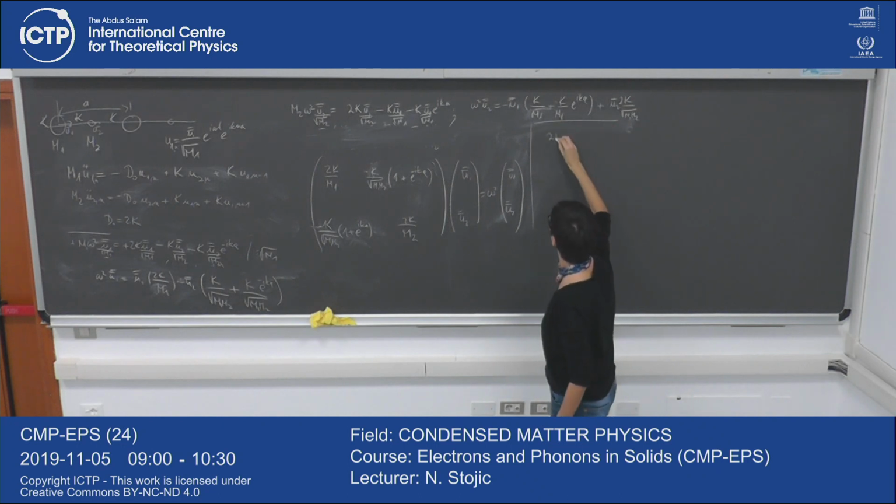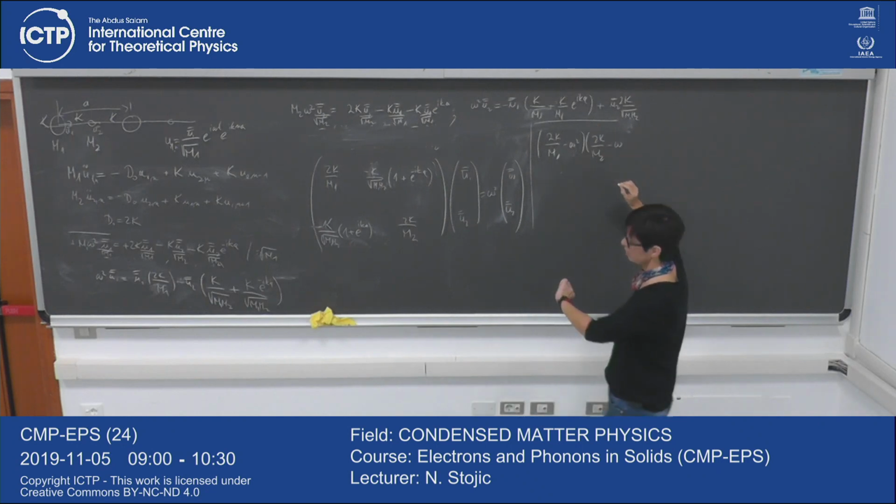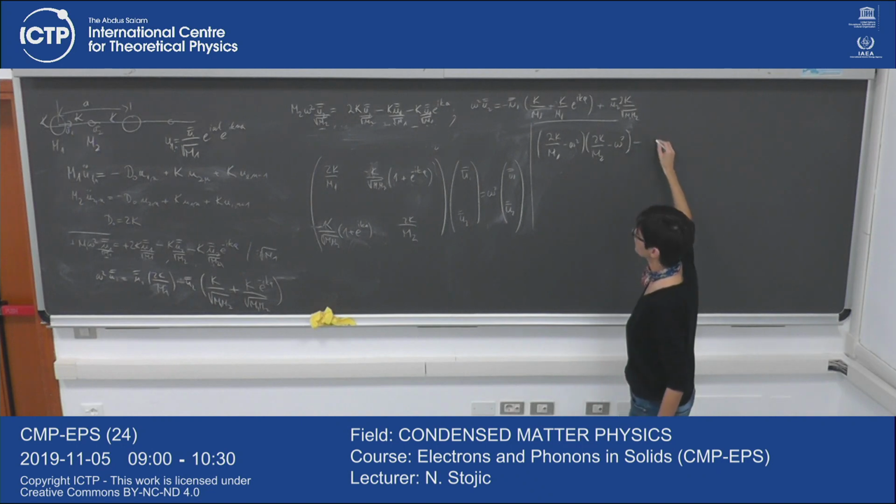So you have 2K over M1. Maybe I'll just give a solution at some point. Other things are more important maybe. Minus K squared.